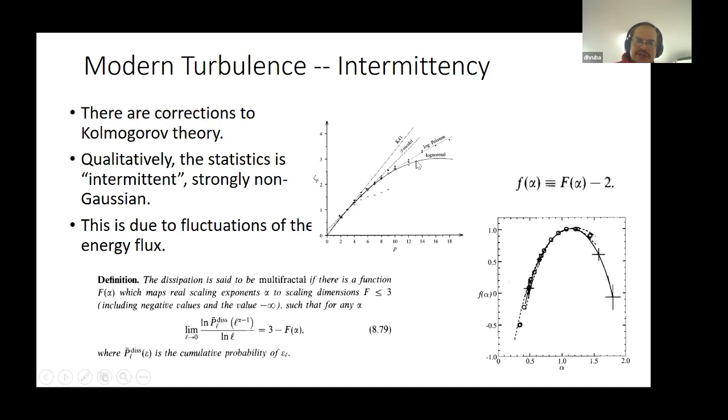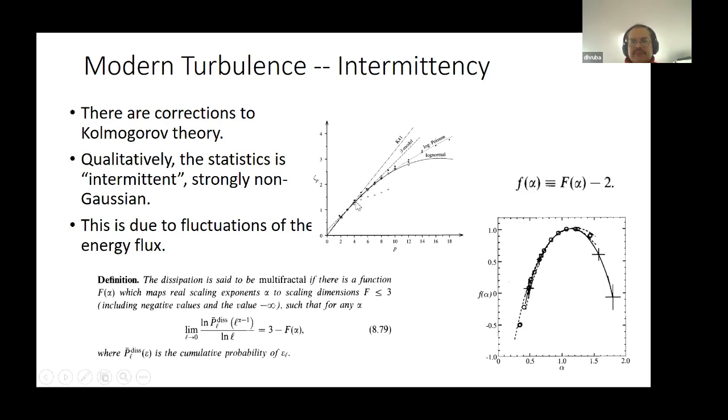Within the Kolmogorov theory, the fourth order structure function you can conclude from the second order one. Here you cannot. This is the puzzle of turbulence, or what I often call the theoretical physicist's turbulence problem: to find out what is zeta p versus p, starting from the Navier-Stokes equation. This is not done yet, and I am not going to talk about that, but this is the modern turbulence problem.